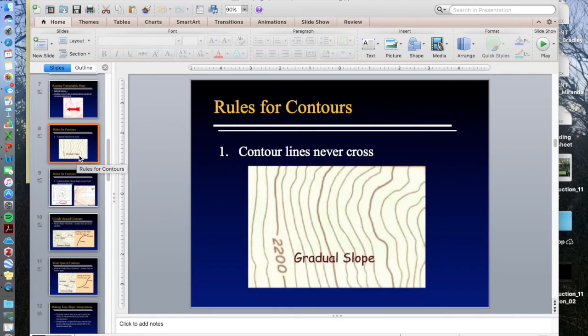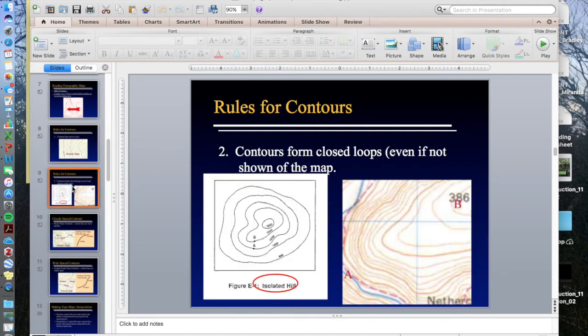We've got a couple of different rules for contouring. First, contour lines can never cross, because each contour line is equal to a specific elevation. You can't have two lines crossing, because you can't have two different elevations at a single point. So they can never cross. Contours form closed loops, even if they're not shown on a map.